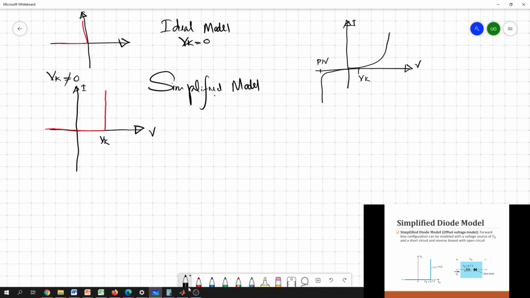In the simplified model, we bring the barrier voltage Vk into account, modify the ideal model slightly, and consider the barrier voltage also as a decision making parameter. For the ideal case, we had two conditions.